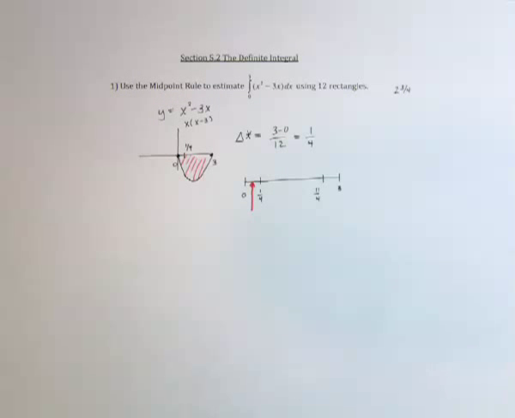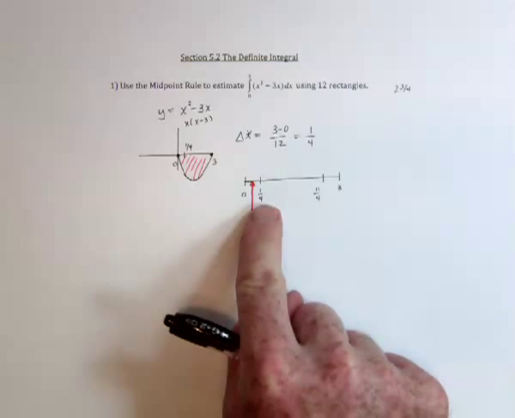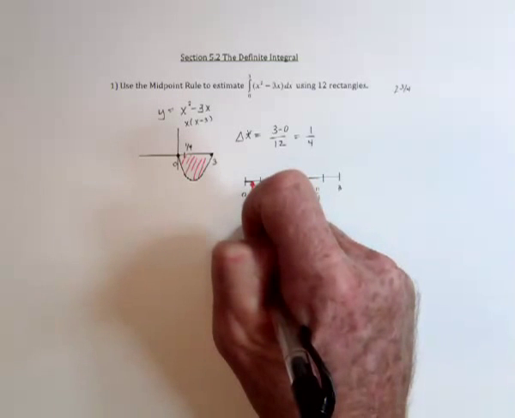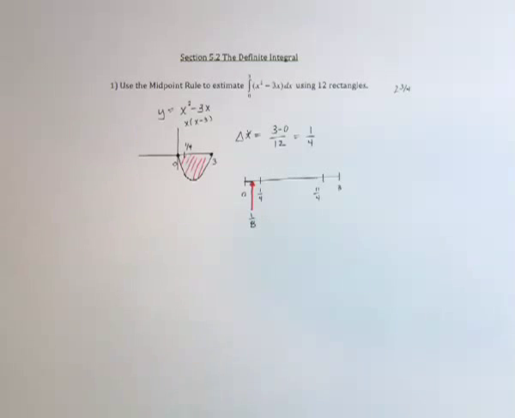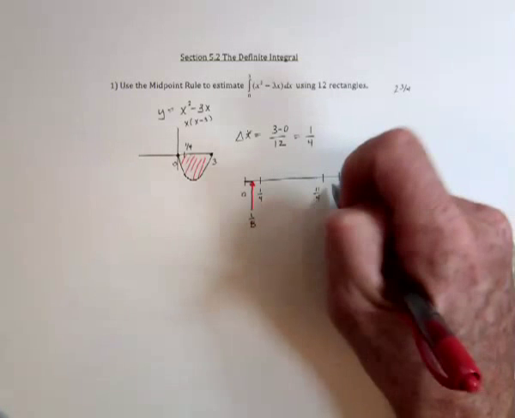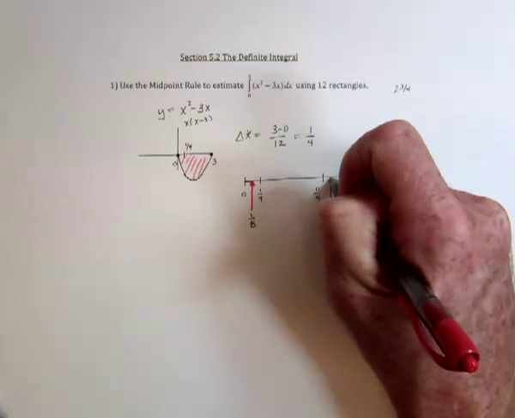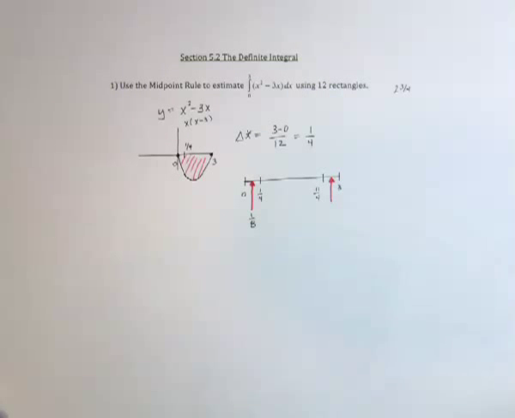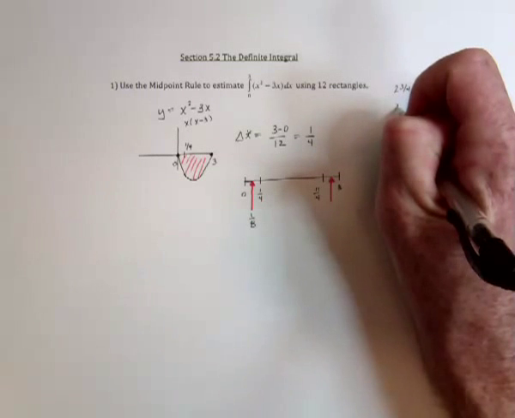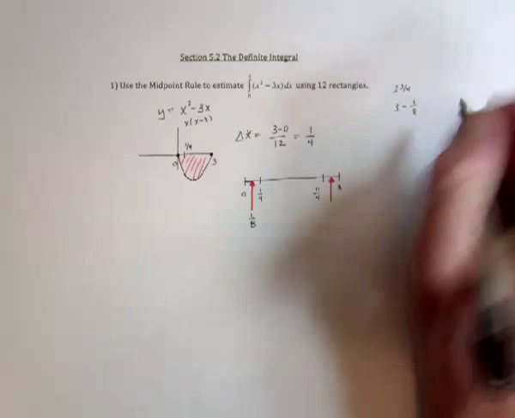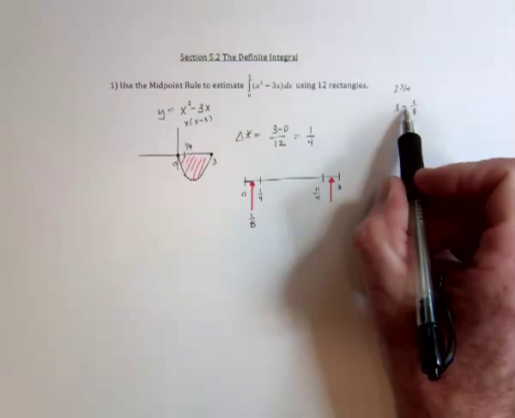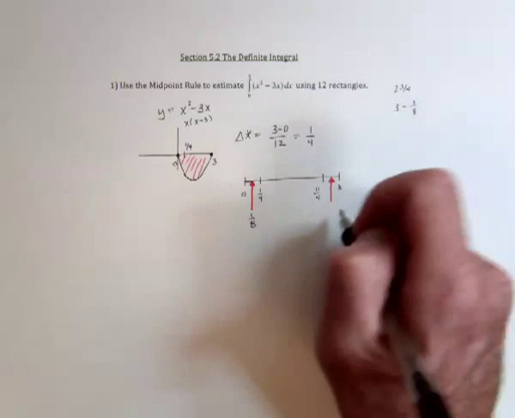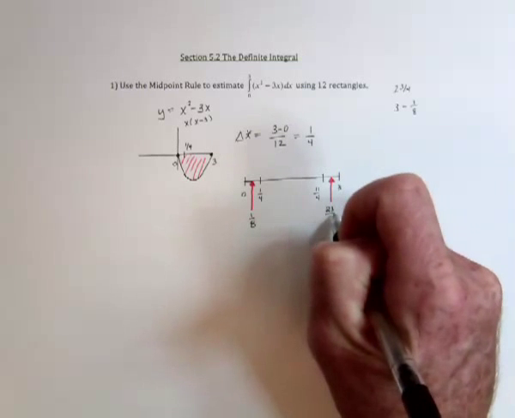So add them together and divide by 2, which is going to turn this into 1/8. And then that means this one right here is just 1/8 less than 3. So it would be 3 minus 1/8. That would be 24 minus 1. So we've got 23/8.